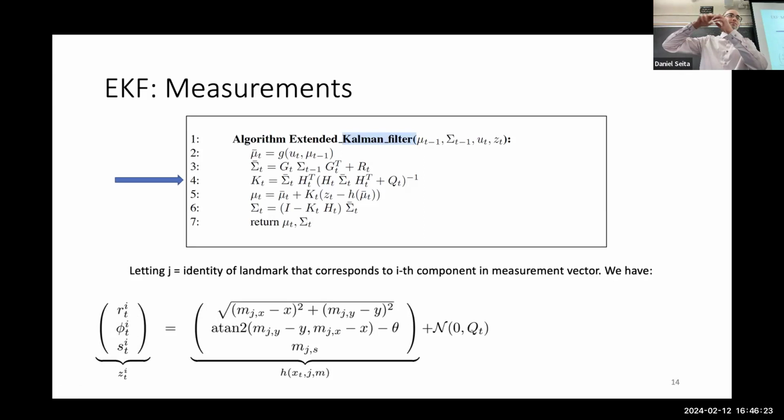So when a robot uses a sensor to get a vector Z, the Z T of the measurement, you have a bunch of different measurements. Each of these is one particular landmark or point location in the map, and each additionally has three numbers, which are these things here.